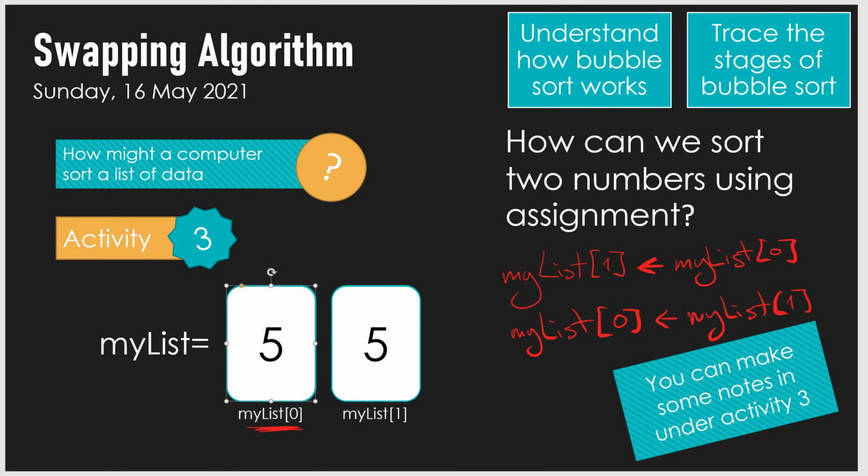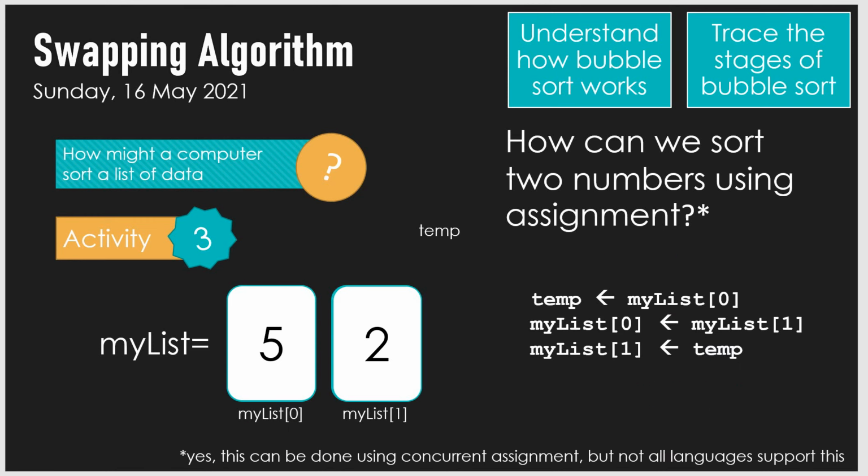We haven't swapped anything. We've carried the number 5 to index 1, and in doing that we've overwritten the data that was originally there. The whole point of swapping is that index 0 should now be value 2 and index 1 should be value 5. So doing it this way is incorrect. We need to add an extra step to this, which brings me to my next slide.